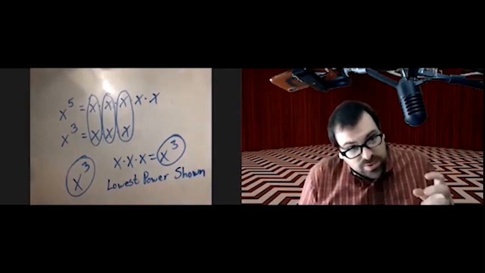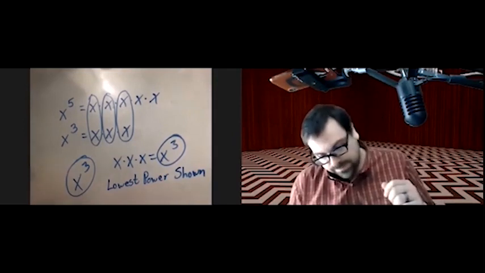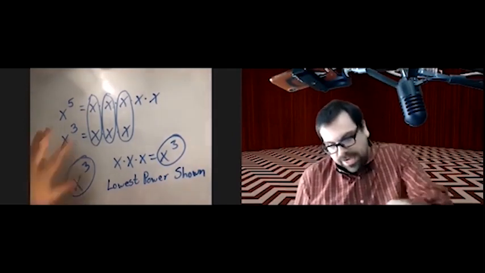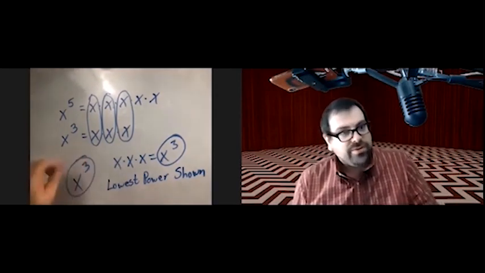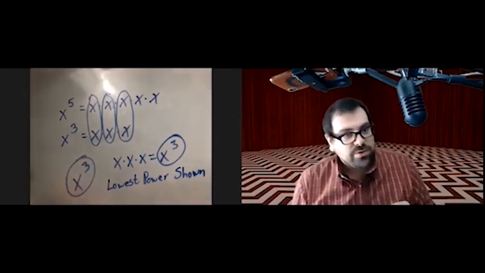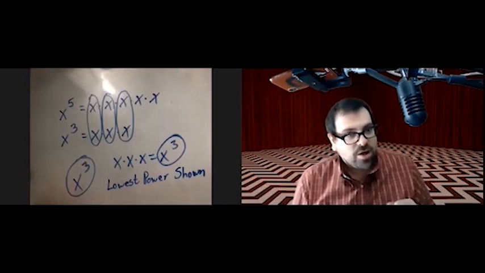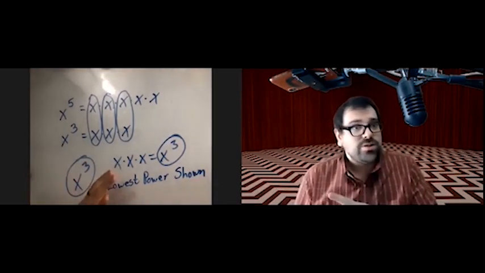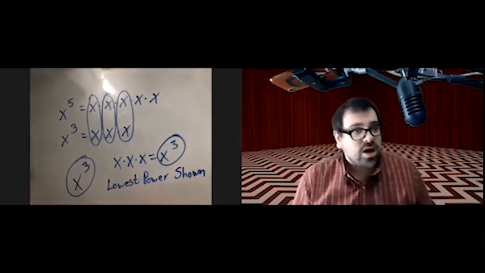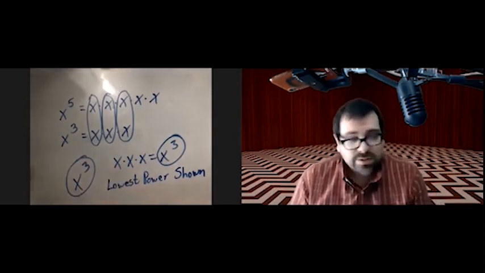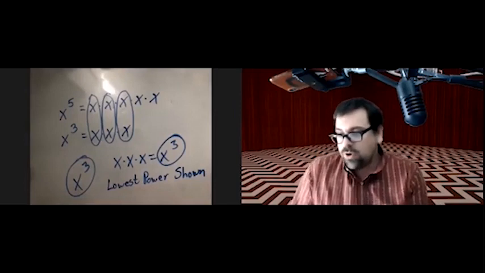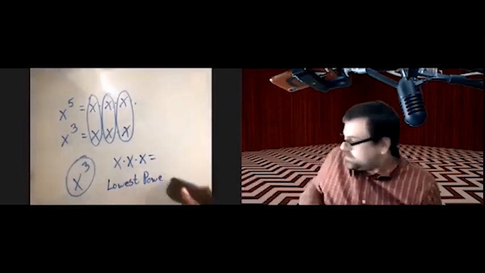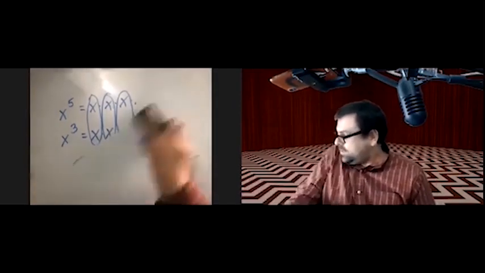If we put these two things together: how to find the greatest common factor of variables, lowest power shown. How to find the greatest common factor of numbers, take the prime factorizations. Everything that's in common is a part of the greatest common factor. We could find the greatest common factor of things like this.